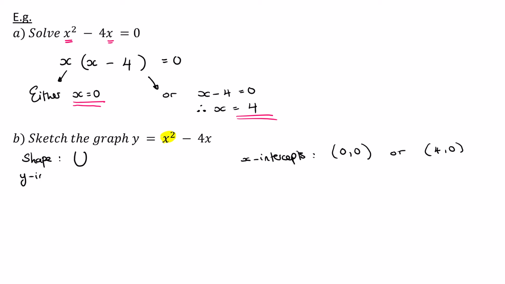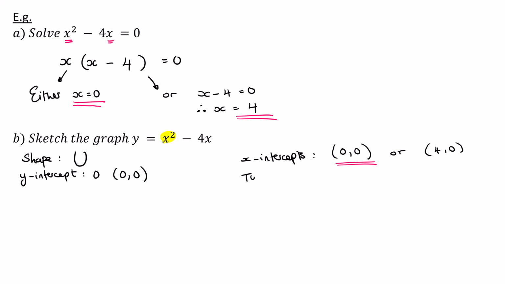The y-intercept, well, there is no number on its own. So literally, the y-intercept is going to be at 0, 0 as well, because there is no number on its own.